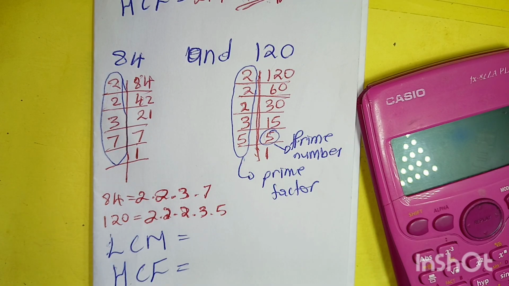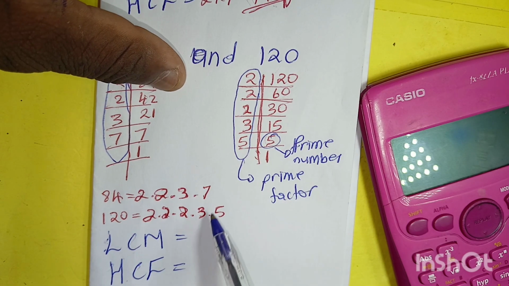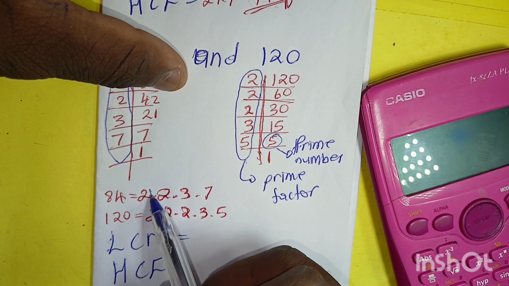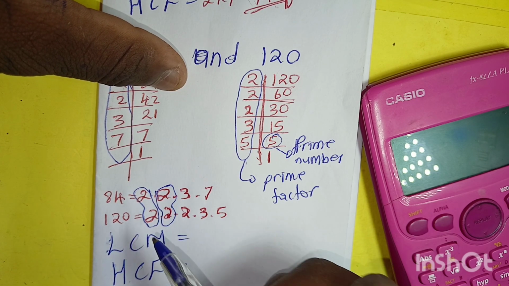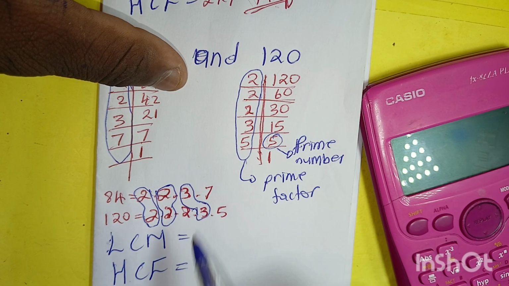So again, now what do you do for the lowest common multiple? You take everything here, but what is repeating, you count it once. So first of all here, you can tell these are repeating, these are repeating, or they are common. Even these are repeating, they are also common. Do you see?